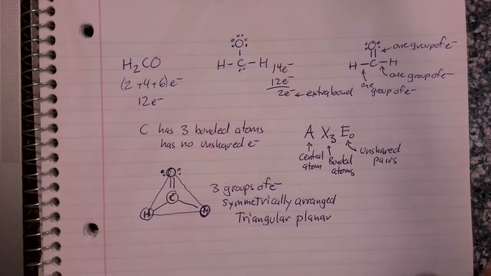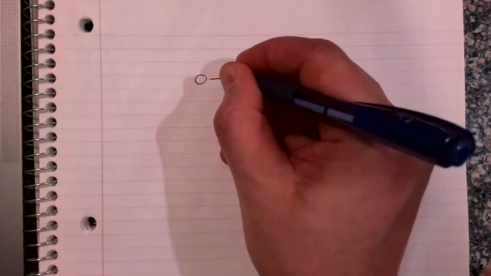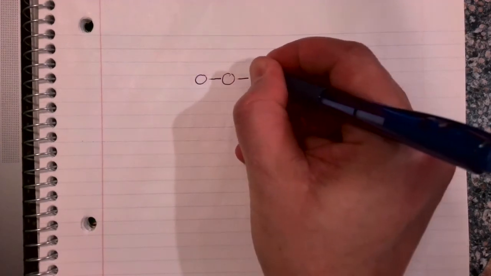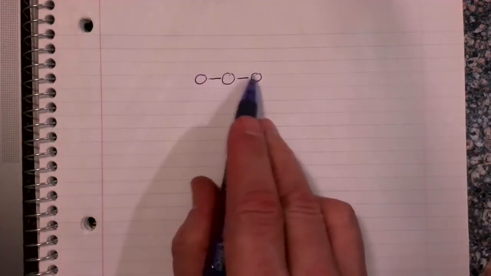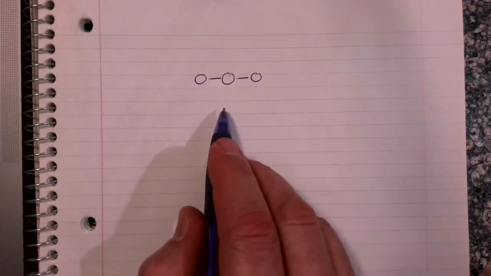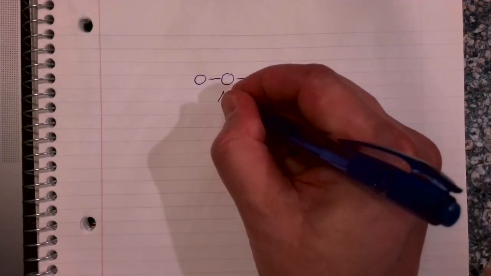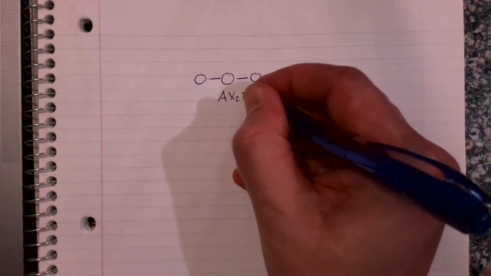And so we can make effectively a chart of these shapes that we would find. And there's patterns in this. For example, if I have 2 things symmetrically arranged, then I just have something like this. If I have 2 atoms bonded to a central atom and no unshared pairs, I would call this an AX2E0.